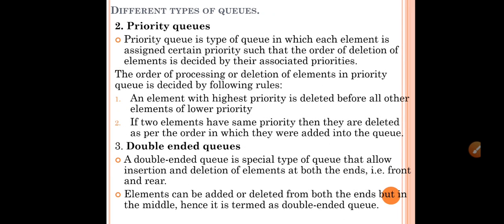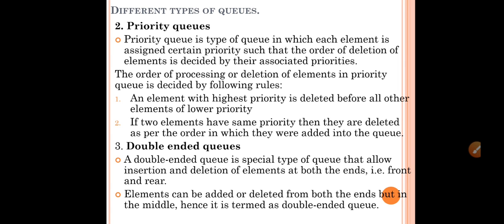So next we see the priority queue. A priority queue is a type of queue in which each element is assigned a certain priority such that the order of deletion of elements is decided by their associated priorities. Okay, the order of processing or deletion of elements in a priority queue is decided by the following rules. If you want to delete the elements, you have to follow these two rules.